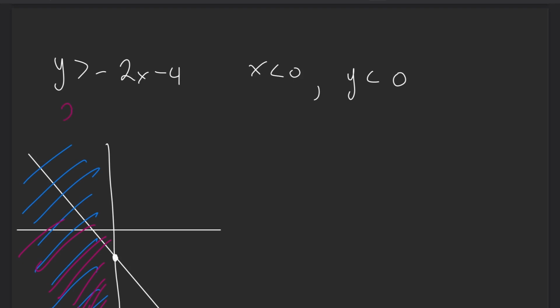So I would get 0 is greater than minus 4, which is true. So this is the region, and that's our answer, just this little triangle here. I'm just going to get rid of this to make it less confusing. So that's our answer here.